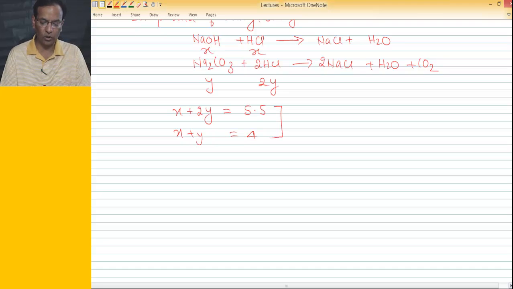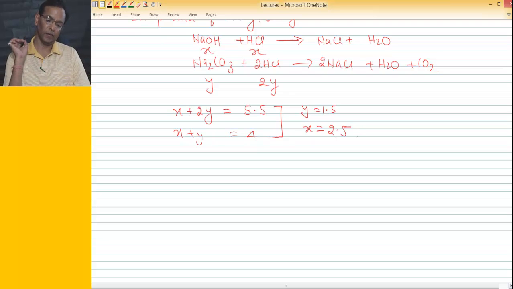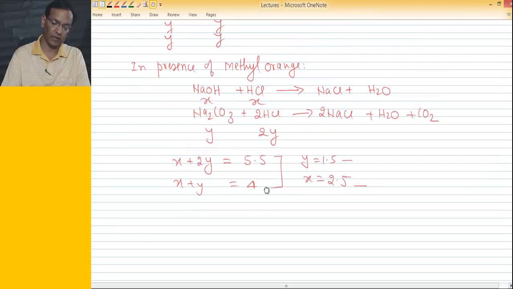So if we solve this, Y is equal to 1.5, X is equal to 2.5. Y is the millimole of sodium carbonate, and X is the millimole of sodium hydroxide.